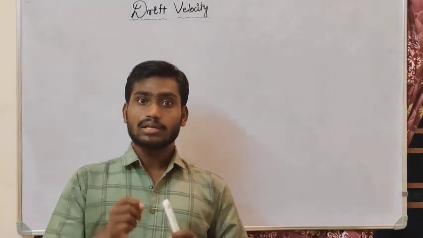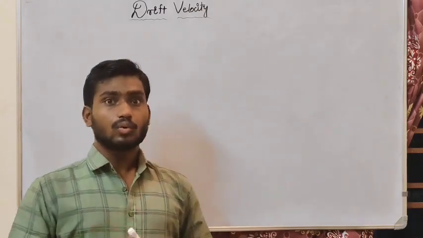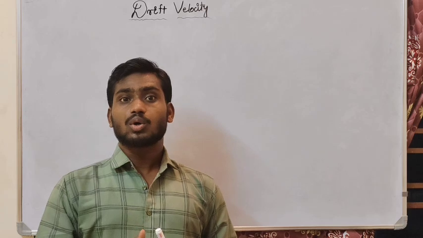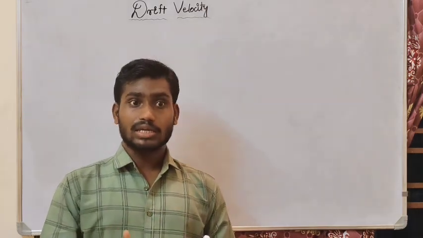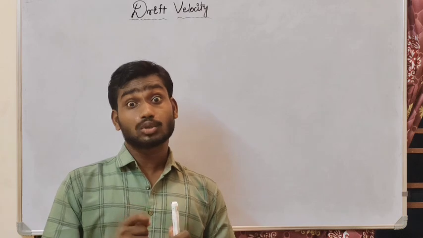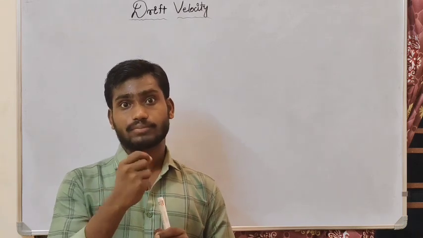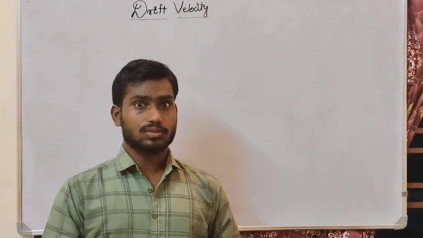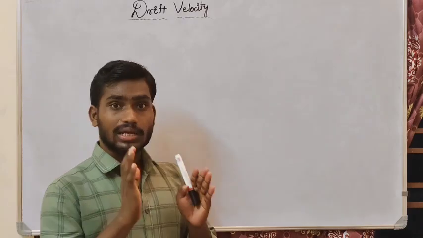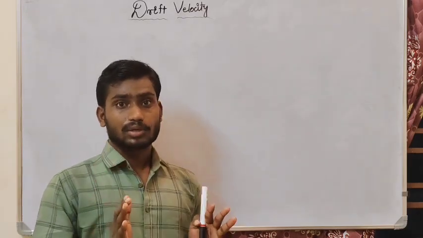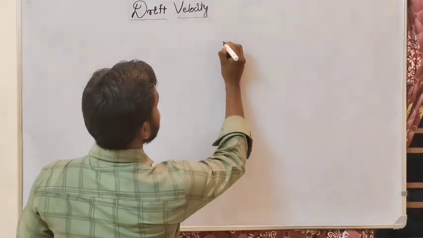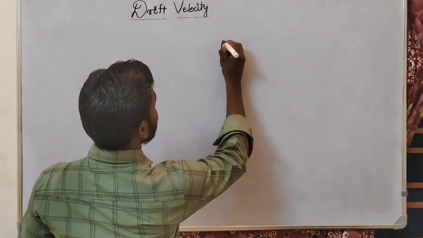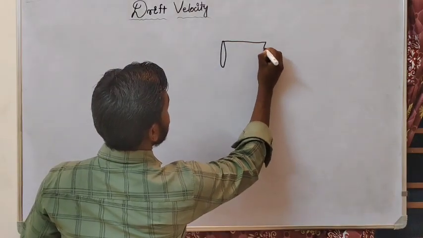Now we can calculate the drift velocity. Normally, inside a conductor there are many free electrons. In the case of copper, there are 10 to the power 29 free electrons. We can calculate the drift velocity for a conductor.